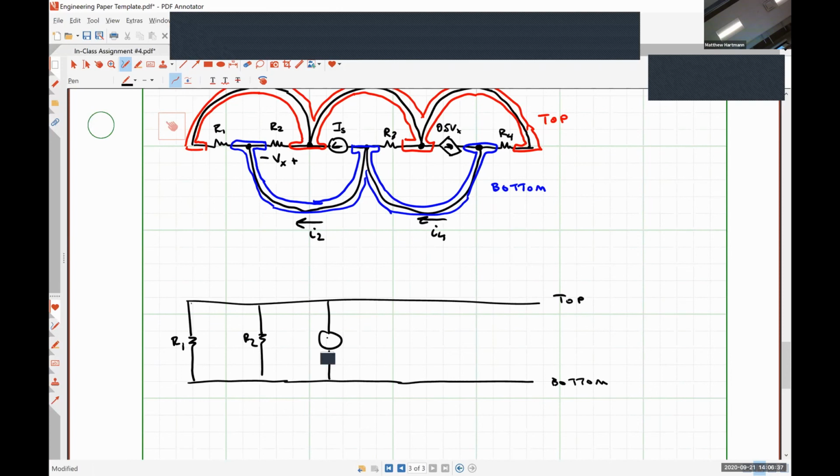So that means the current is flowing from bottom to top, like so. Here is R3, here is my dependent source. And for the dependent source, I can see that the tail is connected to the top, the head is connected to the bottom. So that means it's flowing from top to bottom.